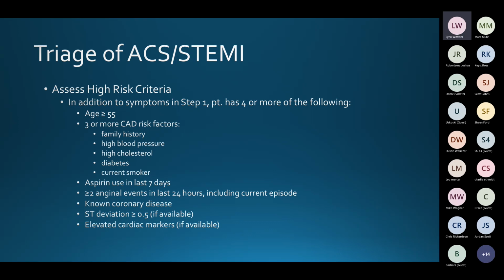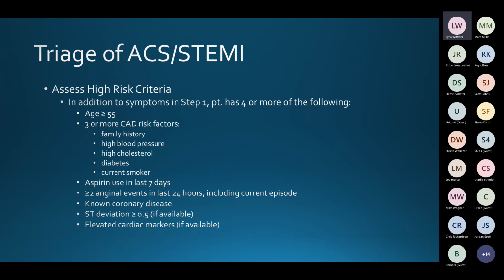Now, they also throw in for the STEMI the elevated cardiac markers, but you don't have those available to you in the field. To my knowledge, there's only one place in the state of Washington where they're using cardiac markers in the field, and I'm not sure how that's turning out.